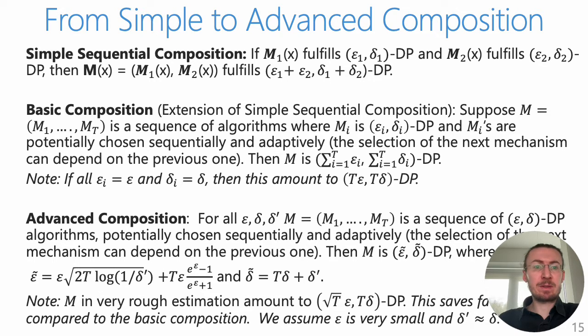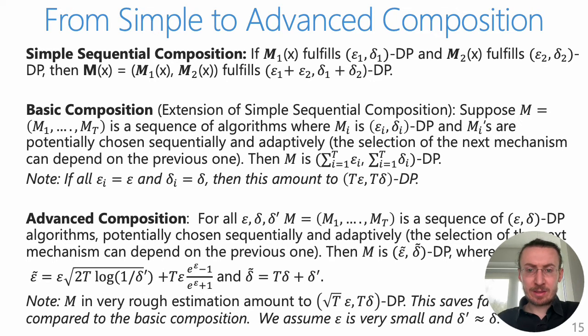Then the final mechanism that we obtain, so in this case training of the ML model, is epsilon tilde, delta tilde DP. And here we have a bit better guarantees. Actually, in the case of many training rounds T, these are much better guarantees than the guarantees from the basic composition. So here, this epsilon tilde amounts to a quite complex expression. However, it can be estimated roughly to be square root of T times epsilon.